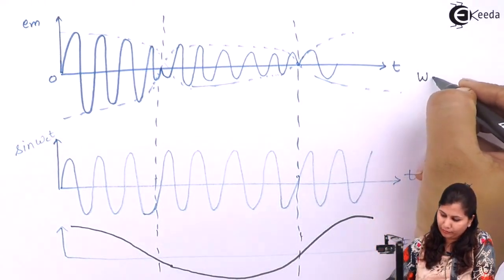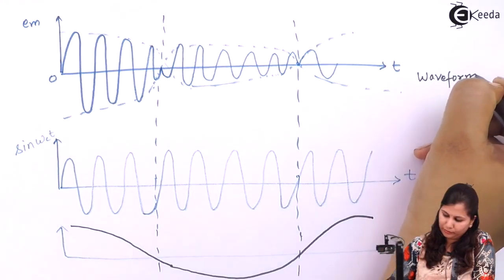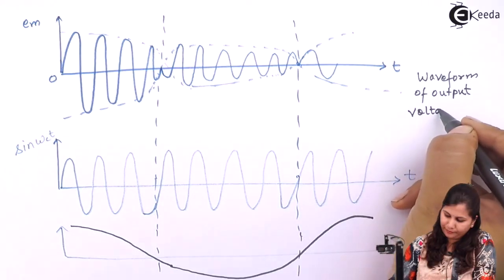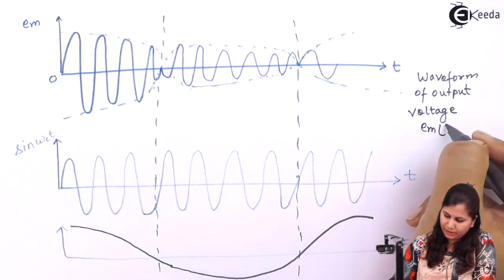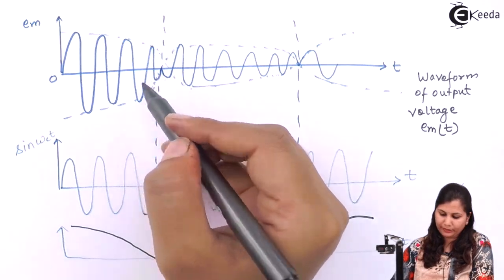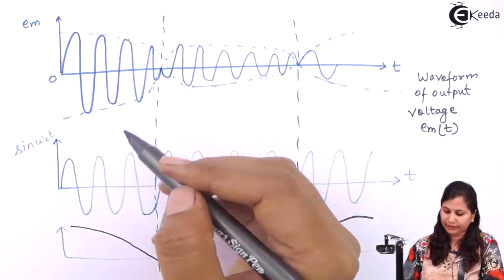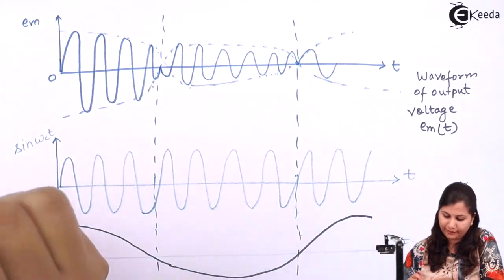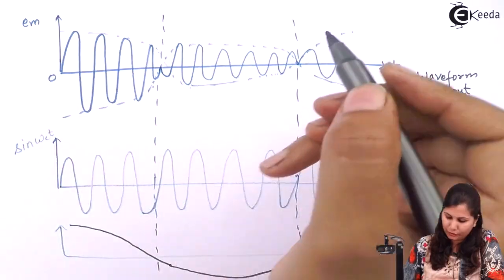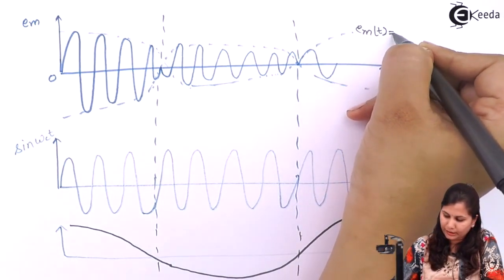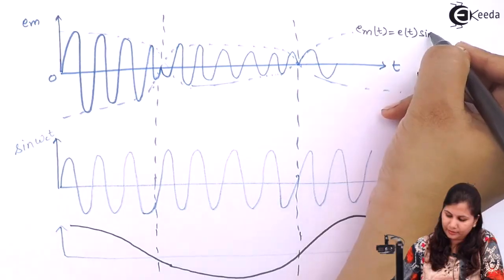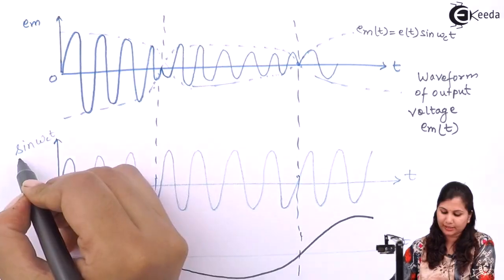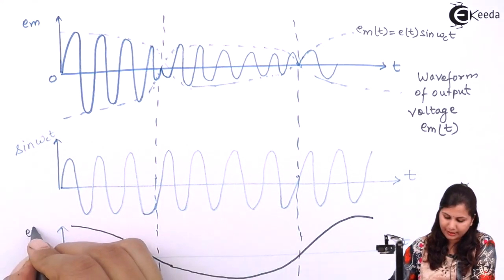This is the waveform of output voltage EMT. You can see that when they are in phase and when they are 180 degrees out of phase, the direction of rotation can be taken as positive or negative. So this EMT is equal to ET sine omega CT. That is a multiplication of these two signals. This is sine omega CT and this is ET.